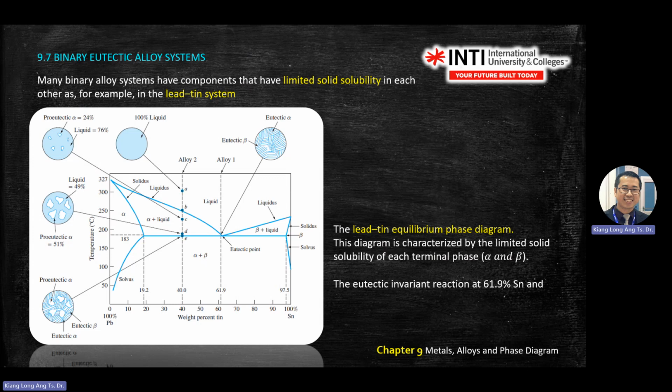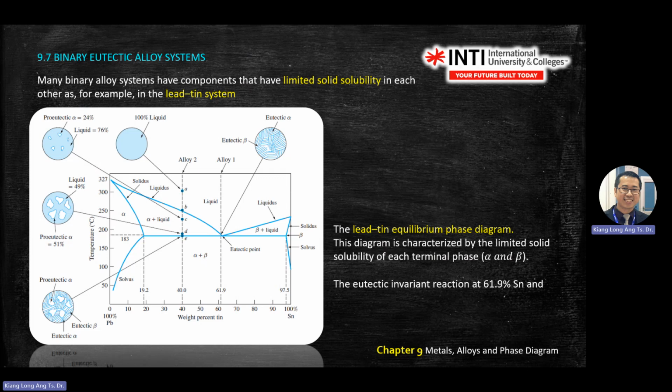So the eutectic point is somewhere that liquid and solid are formed. So this is a liquid region. This is an alpha and beta mixture. This line: this side is alpha, this side is beta. So when there's a mixture of alpha and beta at a point, that is called the eutectic point.